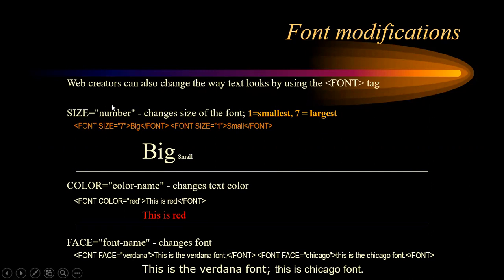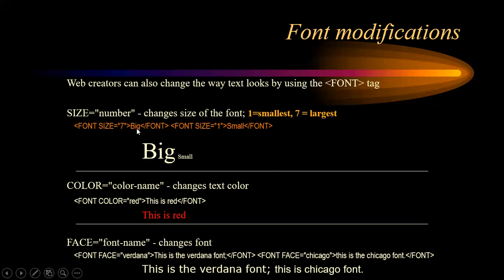In the font tag we use some attributes, like size. Size is a numeric value which changes the size of your text, and its smallest value is 1 and largest value is 7. So here comes the starting tag of font, the attribute is size and the value is 7, and 7 is given inside double quotes.